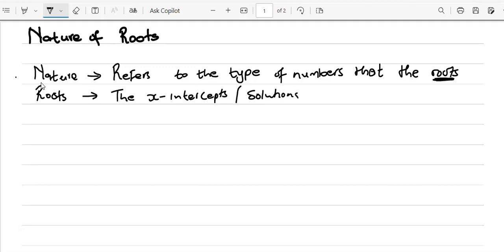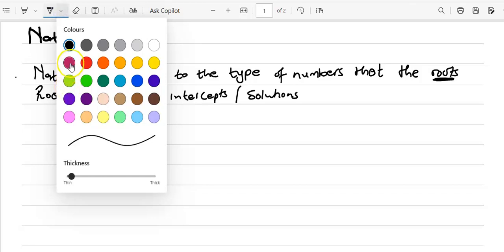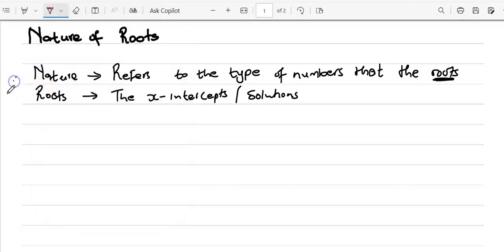The solutions. Right. So in order for you to master this concept, you need to understand how to use the quadratic formula. This is your quadratic formula.